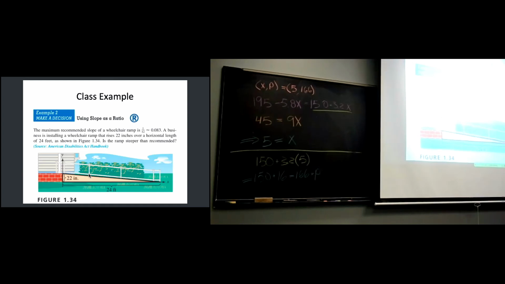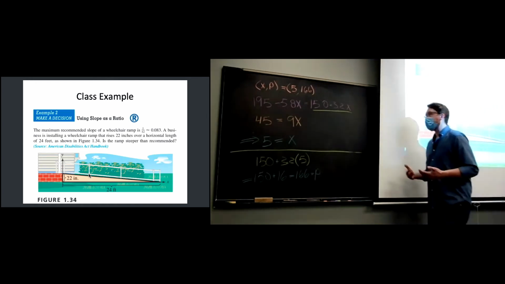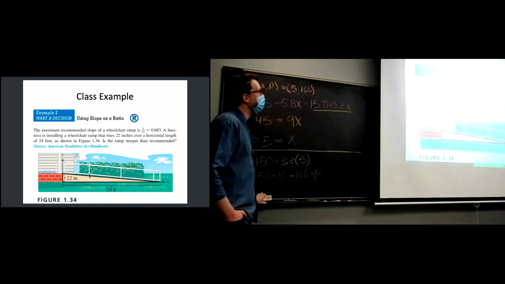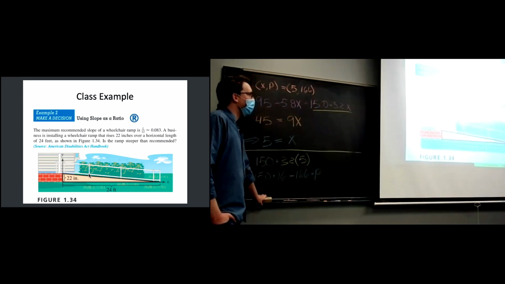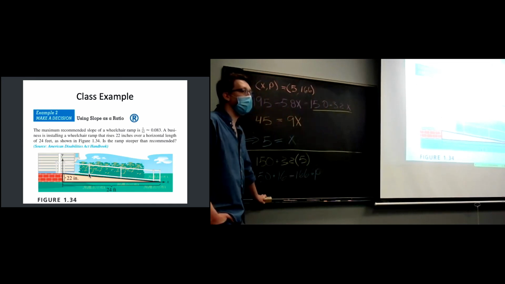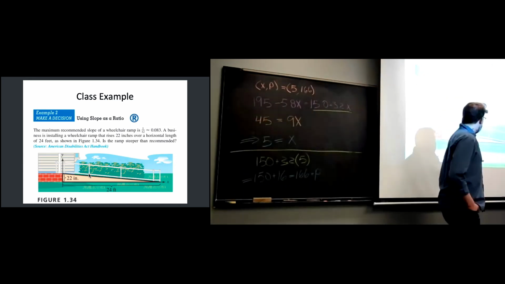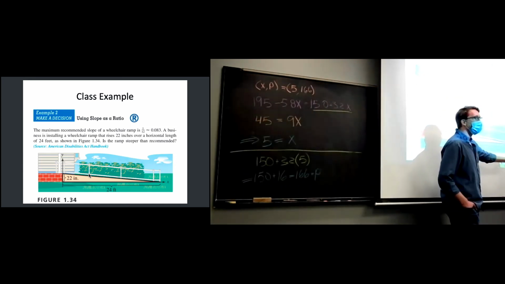Now, we could, if we wanted to, talk about this in a more physical sense. Let's say we're building a ramp so that somebody can have access to a building. We want to talk about the inclination of that ramp. Well, in this case, the first thing we're going to have to do is convert this back into inches or into feet. Agreed? Because we've got 22 inches up for every 24 feet over.